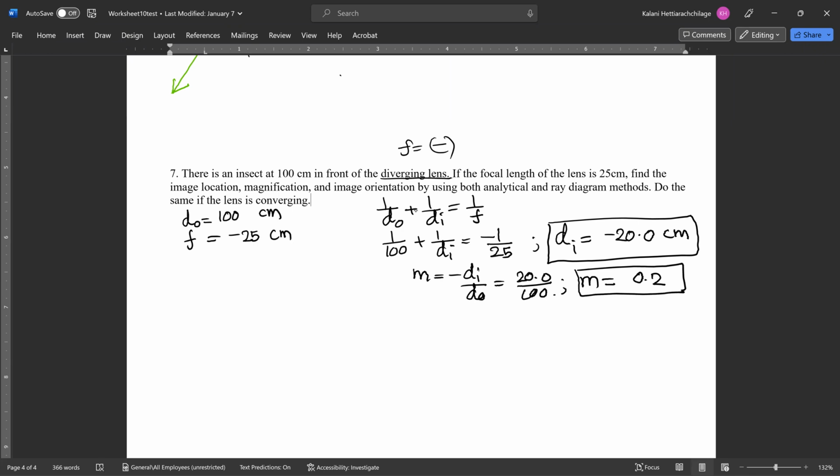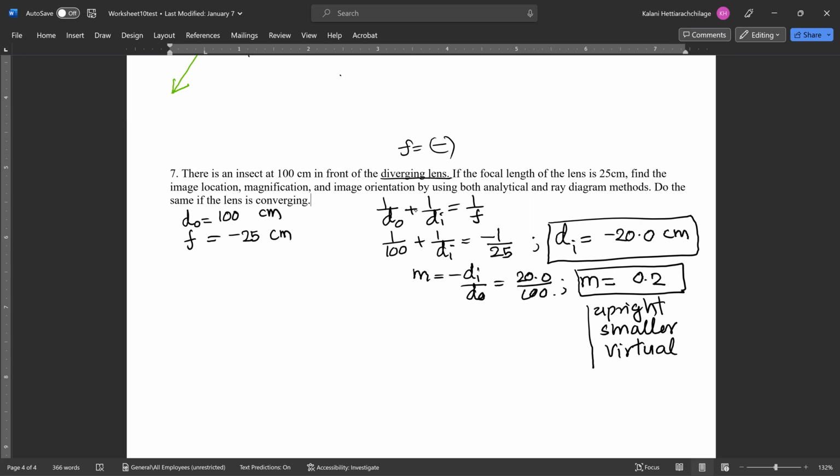As we expected, it is upright. What do you find? We found an upright image, we found a smaller-in-size image, and we found a virtual image. These three things are always true for your diverging lens and also convex mirrors, right?